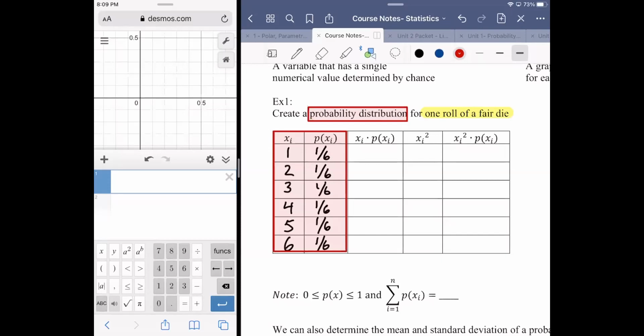Okay, anyway, so how do we verify that a distribution is a probability distribution? Well, one way, and the best way, is to take the sum of all the probabilities. So just add them all up. If you get a result of 1, that means you've accounted for 100% of the possible outcomes.